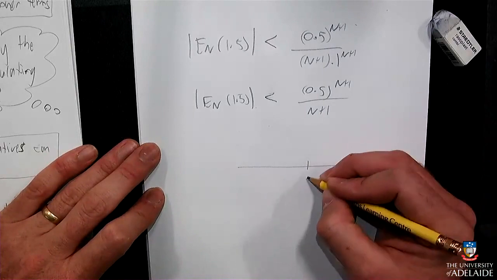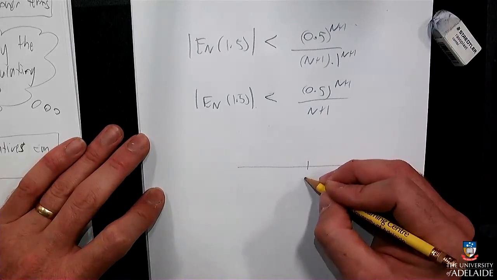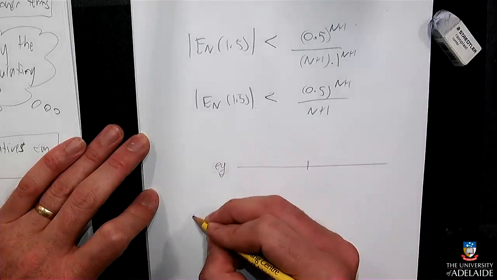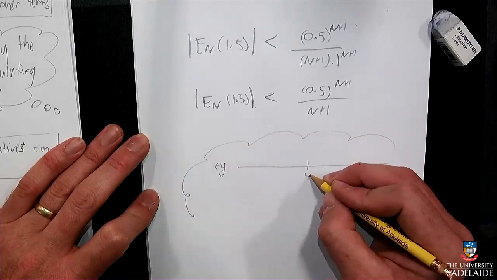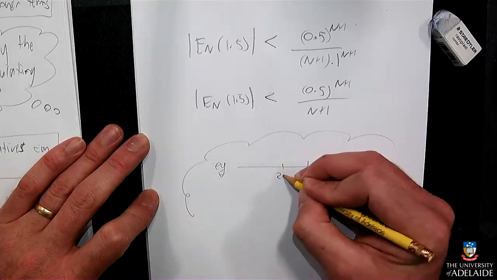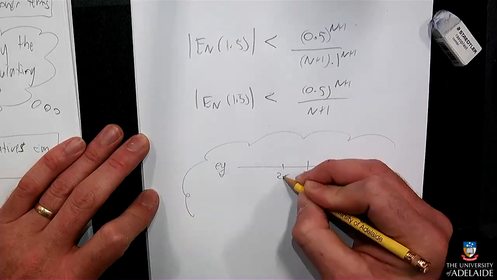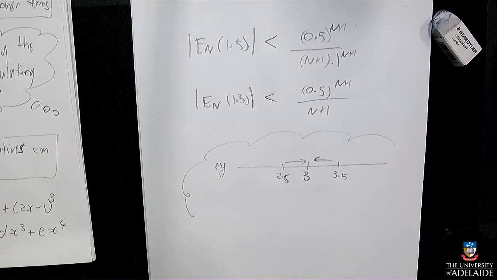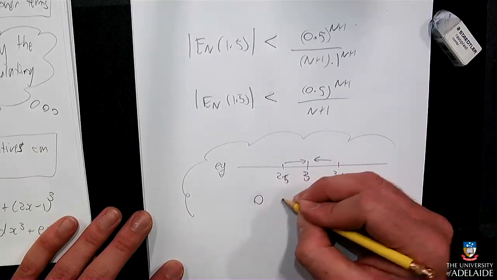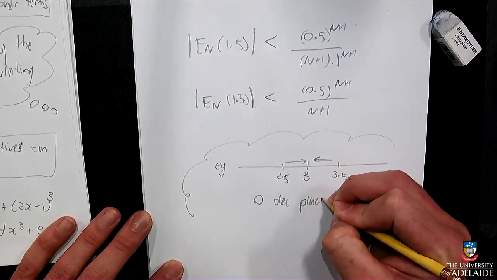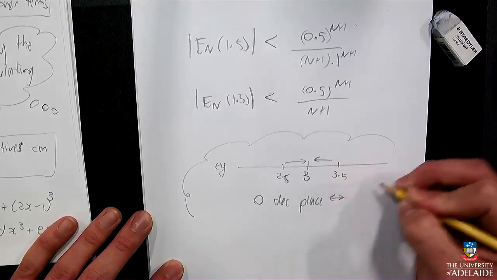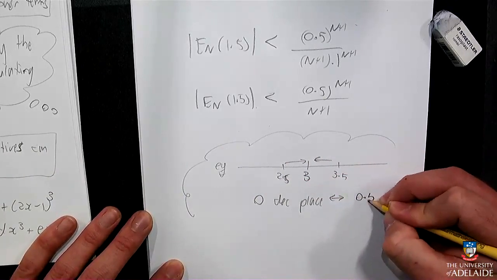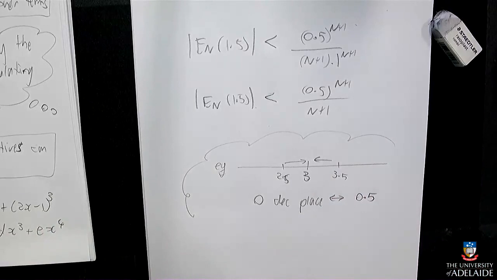I just know this. If I had a whole number, just as an example, this is what I'm thinking to get this right. If I was here, and 2.5 and 3.5, these would all round off to the nearest whole number like that. And so nearest whole number is 0 decimal places of accuracy, which goes with an error of 0.5. And 1 decimal place of accuracy would be more like this, right?